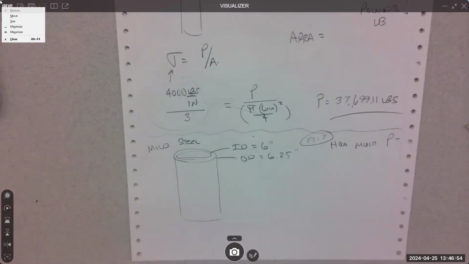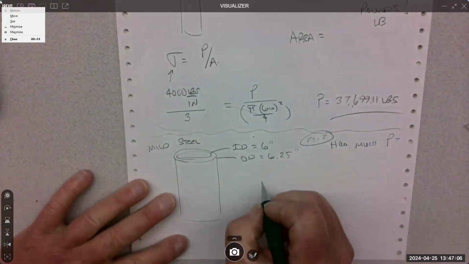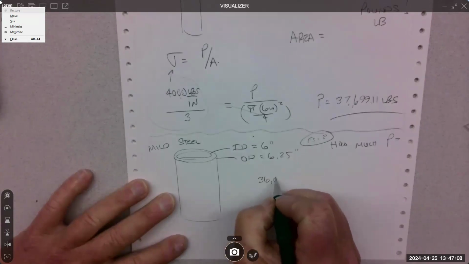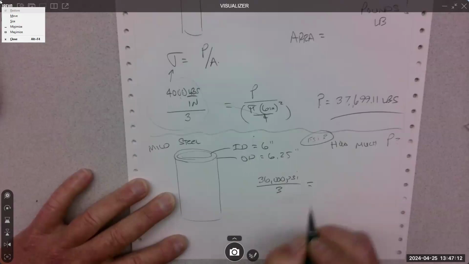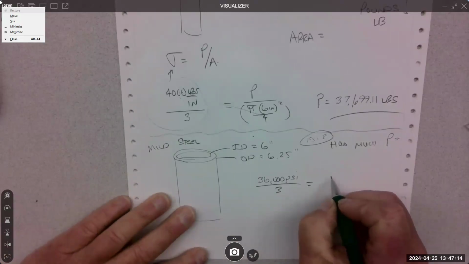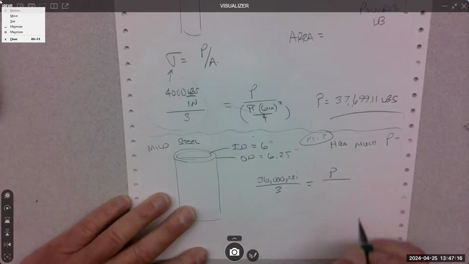So what's the yield stress for mild steel? 36,000 PSI. And what are we going to do to that number? We're going to divide by 3 and set it equal to load over area.